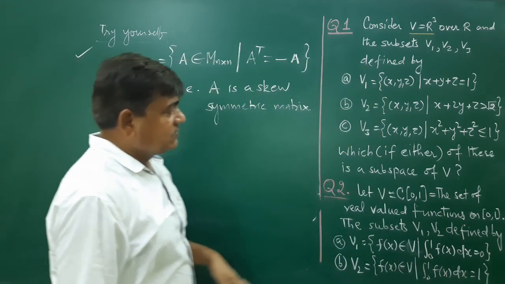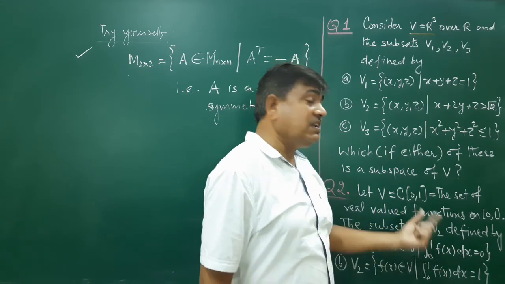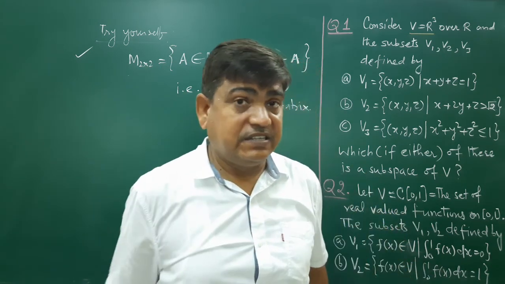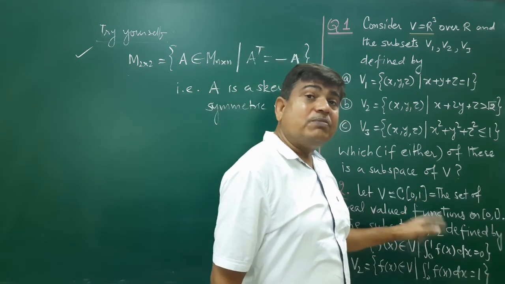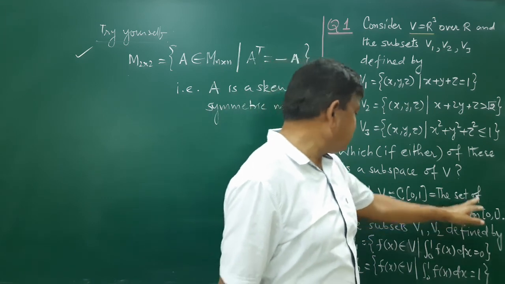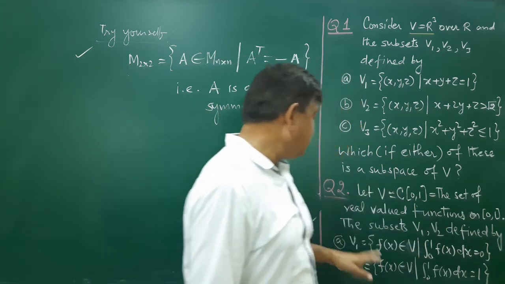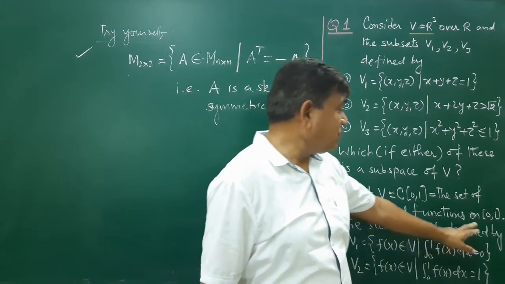Second question, let V equal C of 0, 1. This symbol is already explained. In general, I write it as A, B, that means it is a closed interval, and this is the set of real valued functions on this given interval. The subsets V1 and V2 are defined by this.